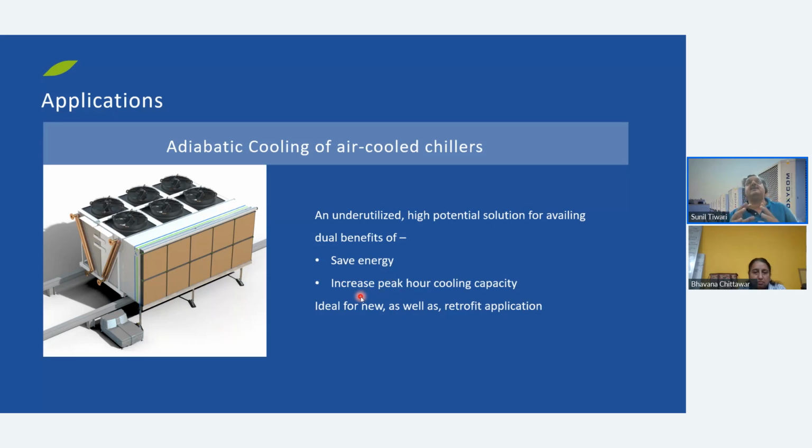For example, a chiller originally designed to deliver 100 TR, over a period of time its performance has reduced. It's derated, become less, and now you may need to go for a new additional chiller. So you can also explore the option of adiabatic pre-cooling and enhancing its capacity back to 100 or a little more than 100. So what are those numbers?